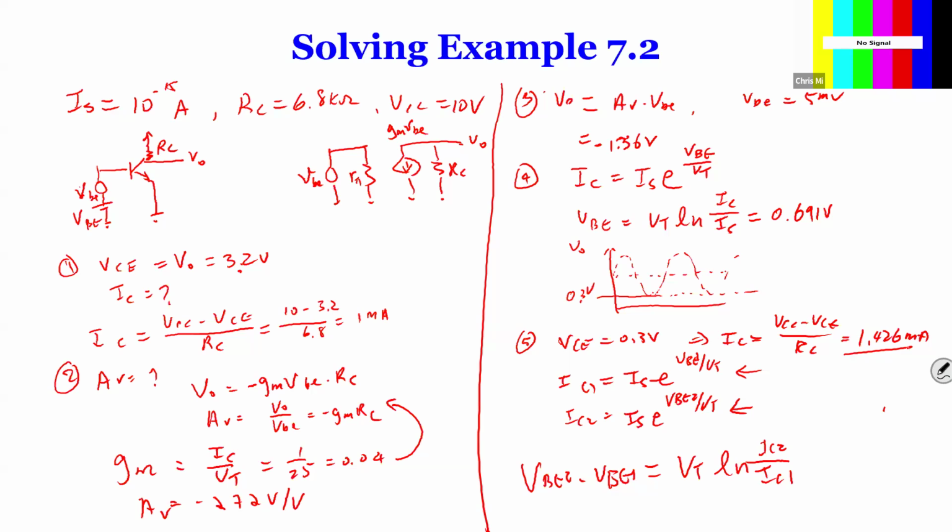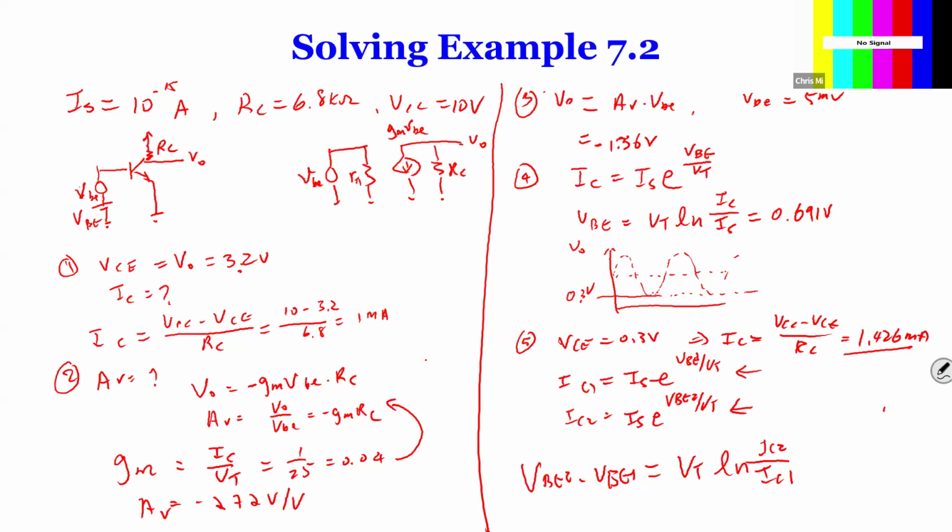So the output minimum is 0.3 volts. That's VCE. So you cannot simply subtract VBE by 0.3. You cannot do that. Okay. So from here, we can find the actual current VBE and so on.